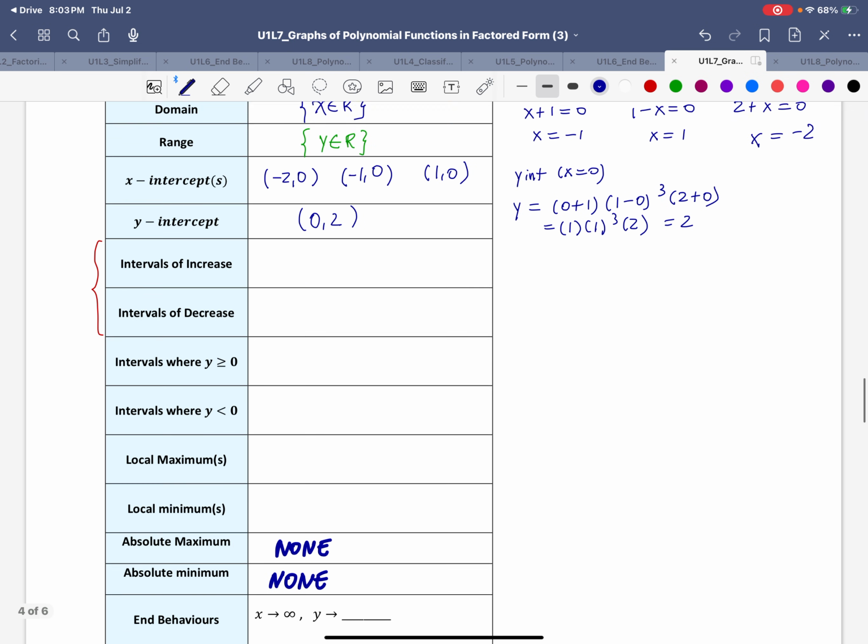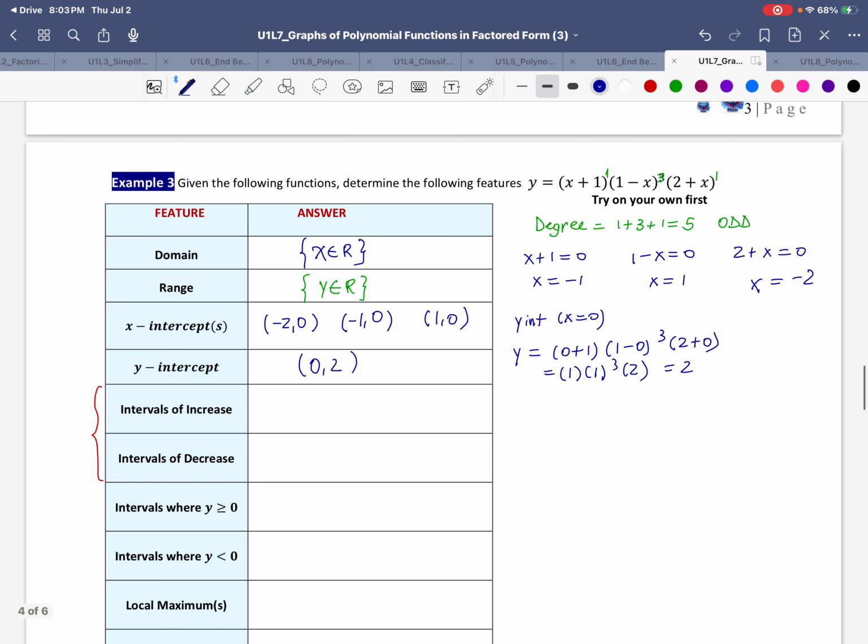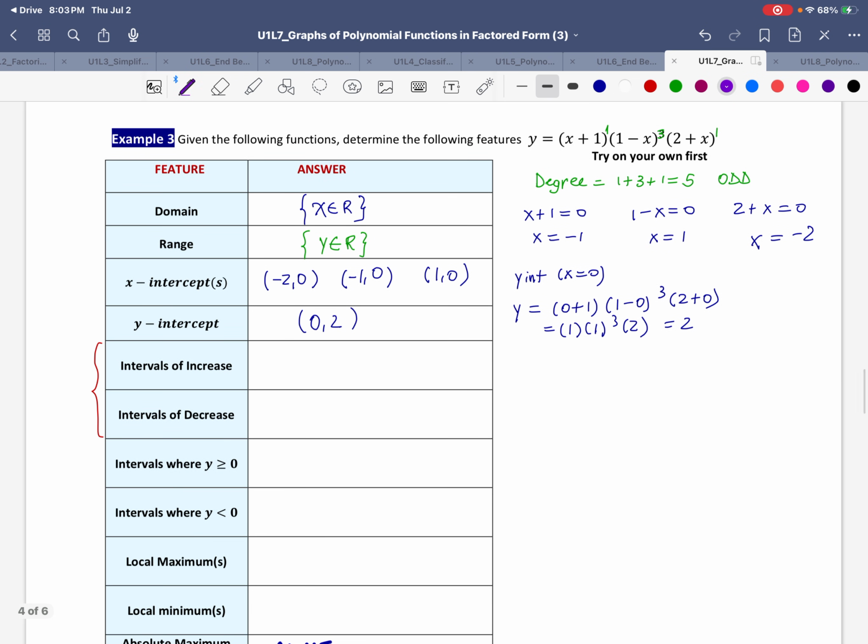Now, next we can determine the leading coefficient of this function, and for this we look into the coefficients of x in each factor. Now, coefficients here seem to be 1, so the leading coefficient will be, let me write this down, equals 1, the coefficient of the first, and then we have negative 1 to the power of 3.